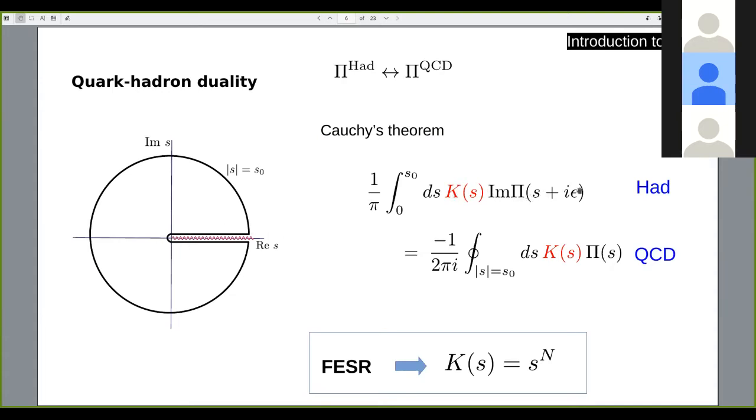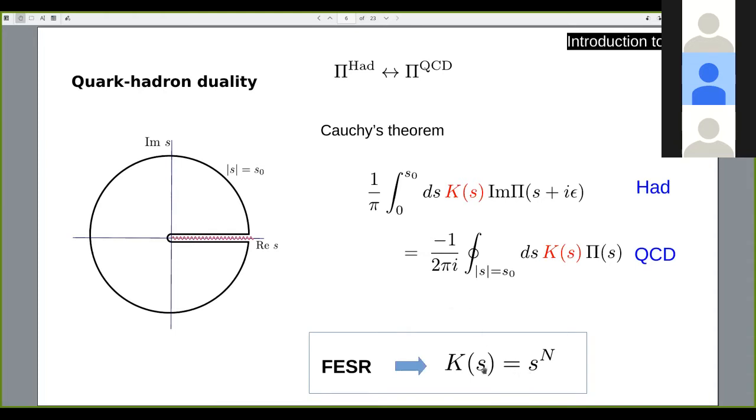This is the imaginary part of the form factor studied, corresponding to the hadronic sector, and the circle corresponds to QCD. And this function here in red, K, is a kernel or weight function, which in finite energy sum rules are powers of the energy momentum s.